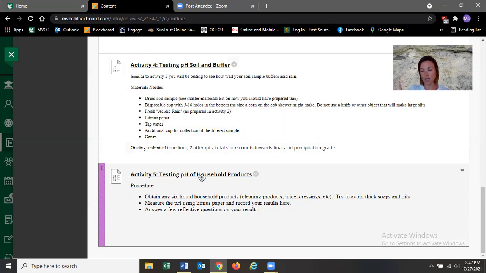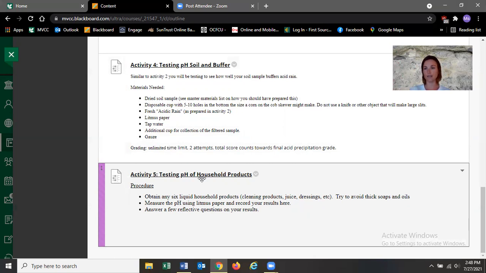When you are answering these questions about the range of household products you have, it's going to say, okay, what was your first product and what was its pH? So you just answer that. It was a pH of 4. That's enough, okay? But then later on, it's going to say, what was your most acidic?